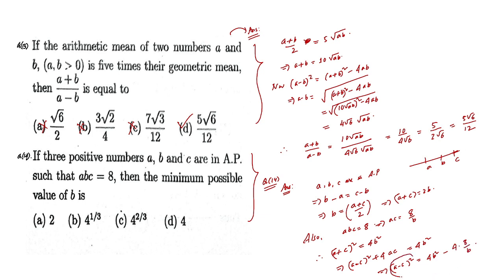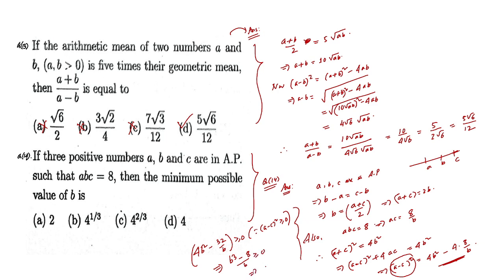You know A minus C whole square is greater than or equal to 0. So this quantity 4B square minus 32 by B must be greater than or equal to 0, since the square of any term is always greater than or equal to 0. From this, B cube minus 8 by B is greater than or equal to 0.